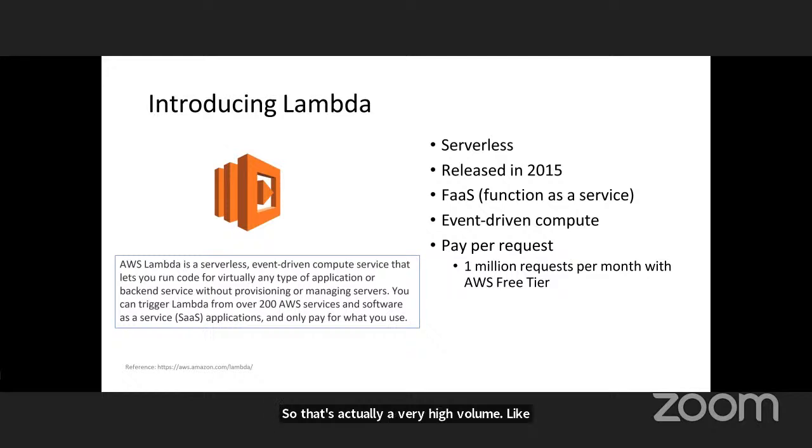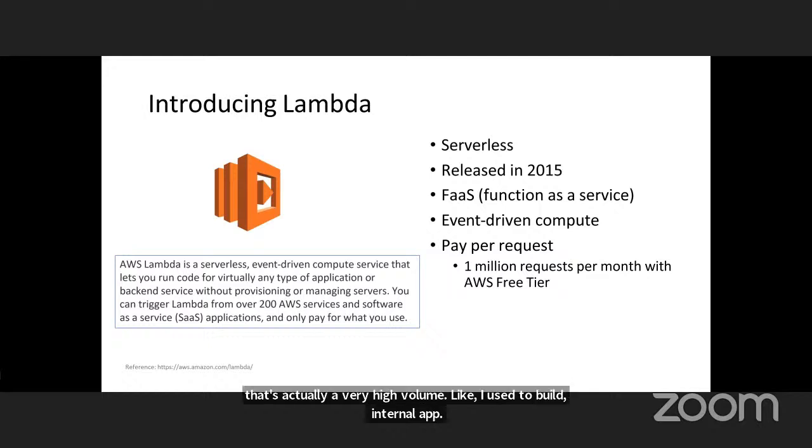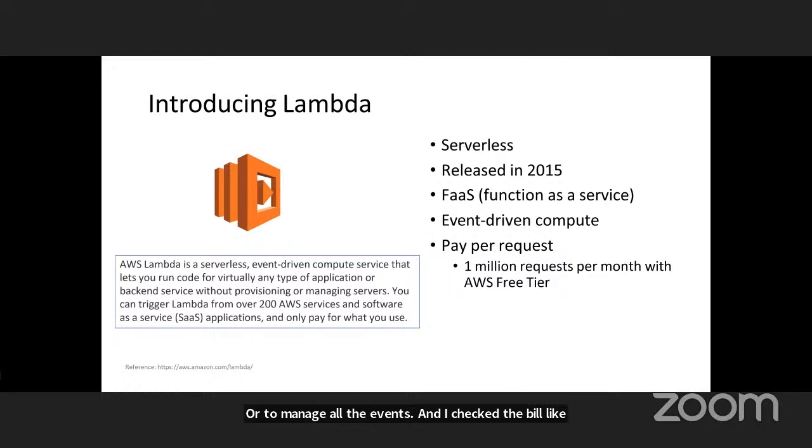I used to build an internal app to manage all the events, and I checked the bill every month, and the cost for the Lambda function was almost zero. So the free tier is really high, and it's event driven. We will talk more about this later.